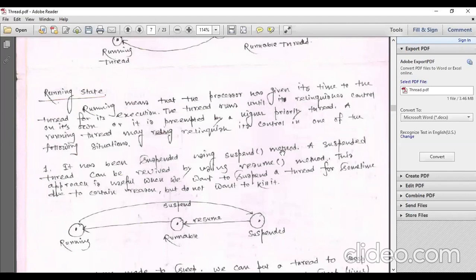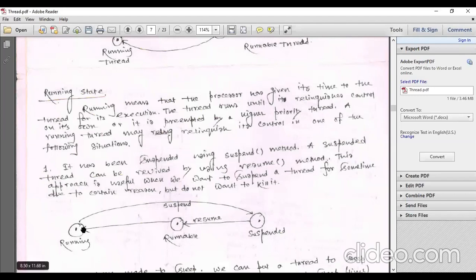So when you call the suspend method on a thread, the thread moves from running state to which state? Block state, that I just discussed earlier. The thread moves from running state to block state. So the suspend method can do this.